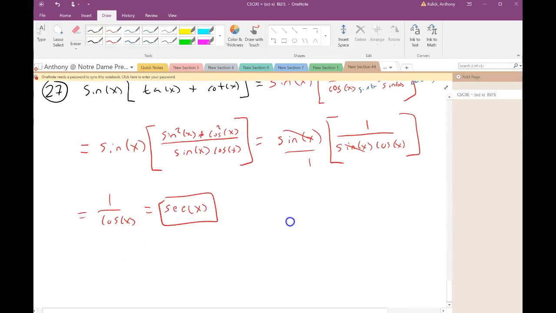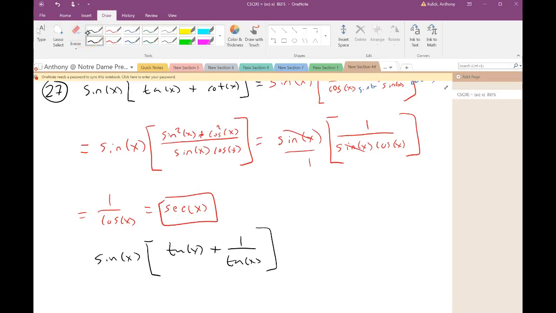What if we had instead, just to see a different perspective, what if I had rewritten cotangent as 1 over tangent? Oh, did they? Oh, okay. Well, I want to point this out anyways.